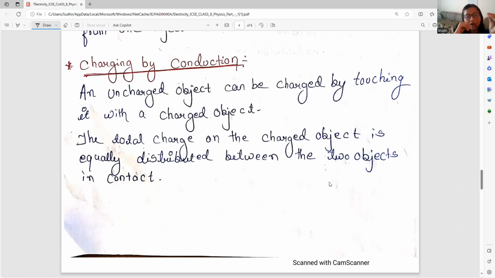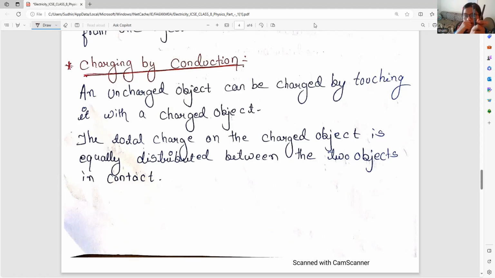For example, there is one pen and one pencil. When I touch them, the free electrons will pass through them. This is conduction, nothing else.